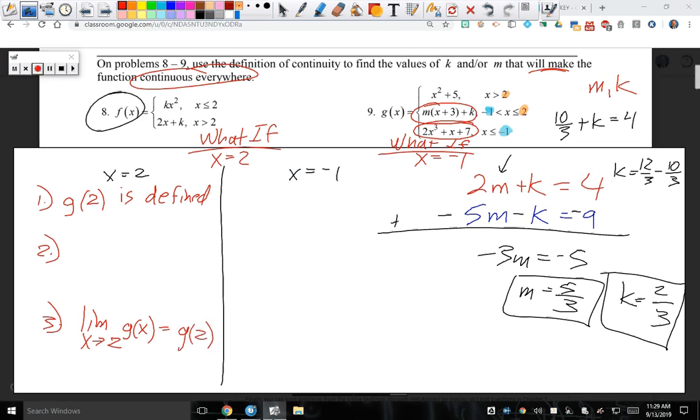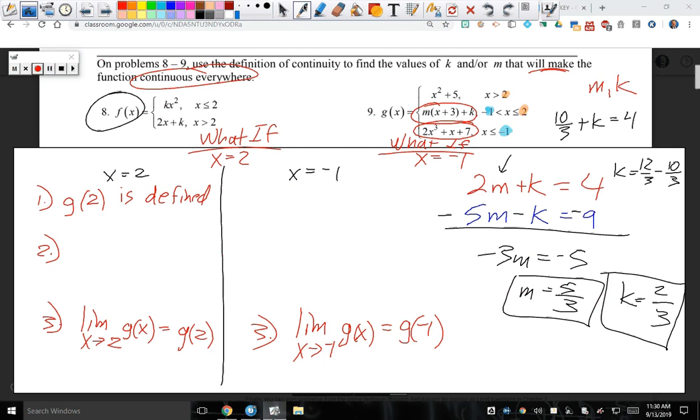Okay, let's come over here. This one is the limit of what? g of x as x approaches negative 1 equals g of negative 1.